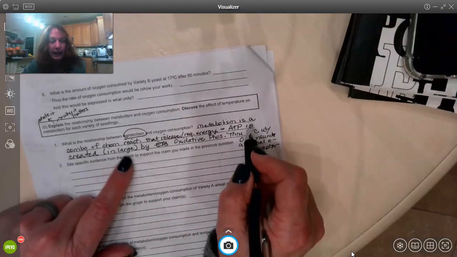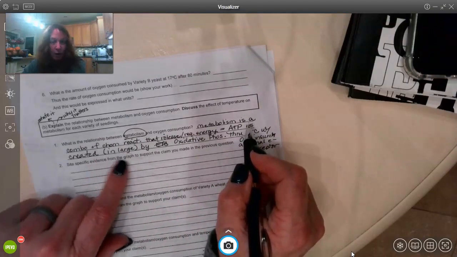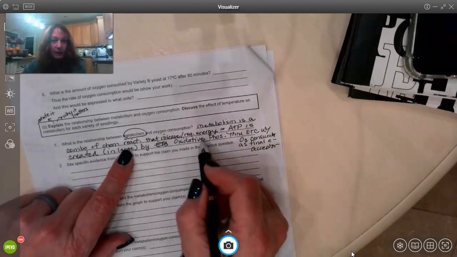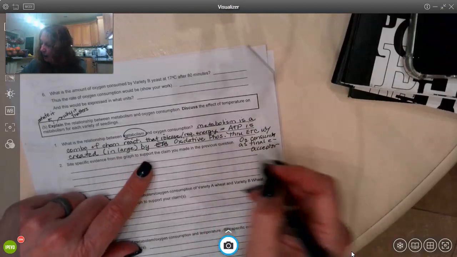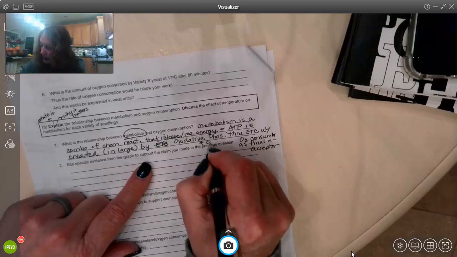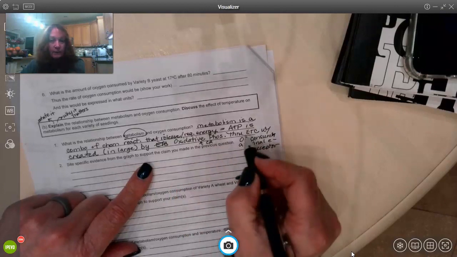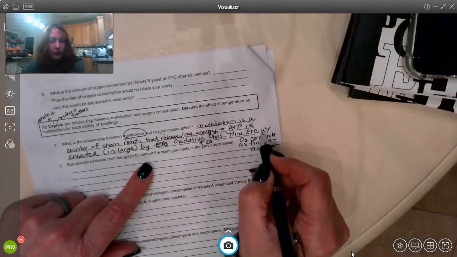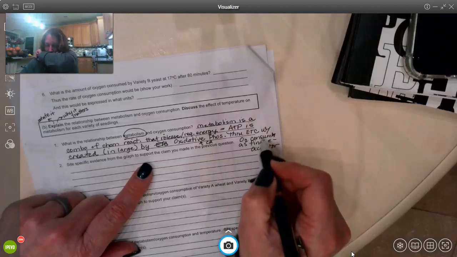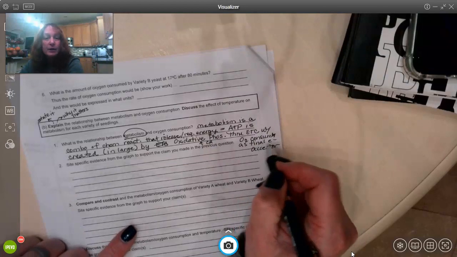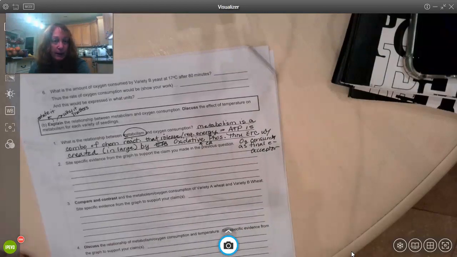ATP is created by far predominantly through oxidative phosphorylation in cellular respiration, and that's going to be directly through the electron transport chain, where the oxygen is consumed because it's the final electron acceptor. Okay.